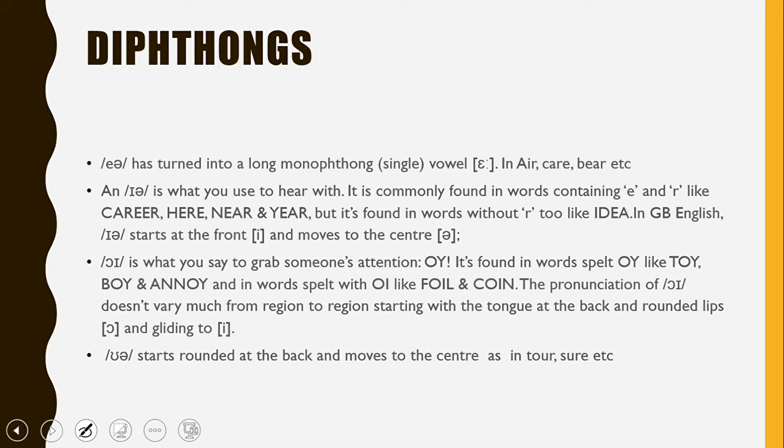When you say ear, it starts at the front, and then your tongue moves to the center to glide toward the schwa sound. You can find examples like ear, career, here, near, and year.